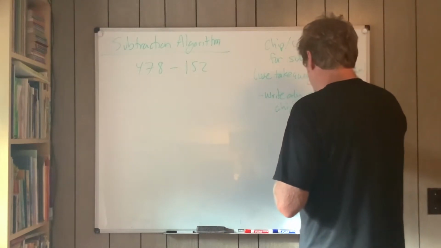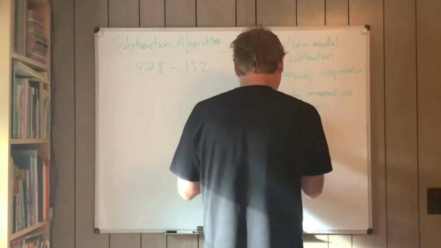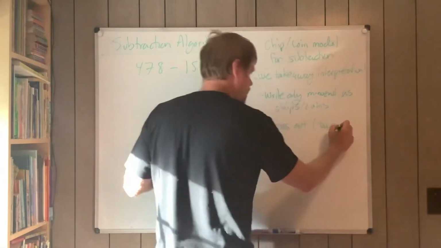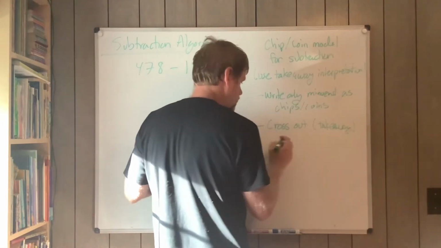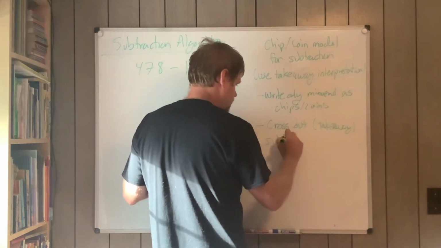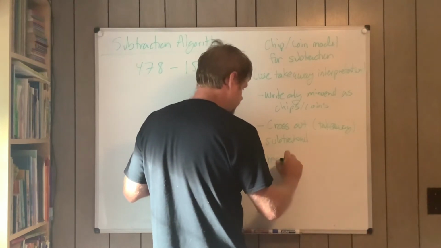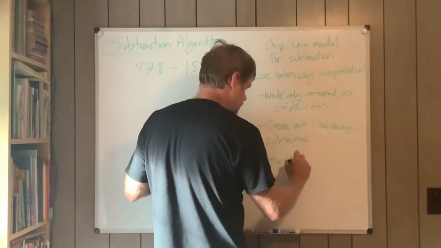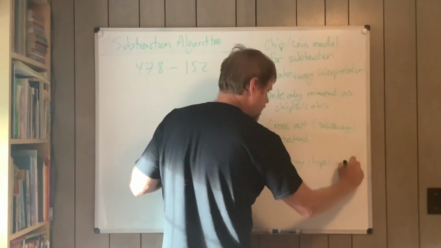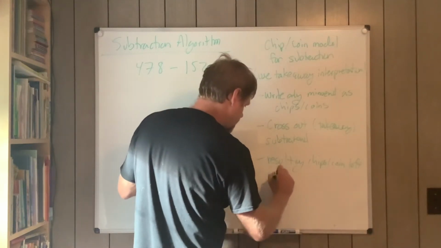Chips or coins. Cross out, that's the takeaway, the subtrahend. The resulting coins, chips, coins left, is the difference.